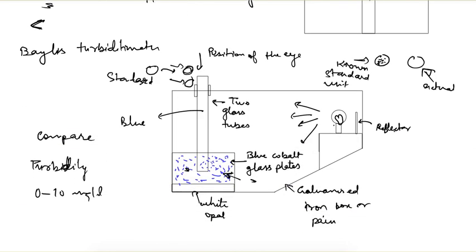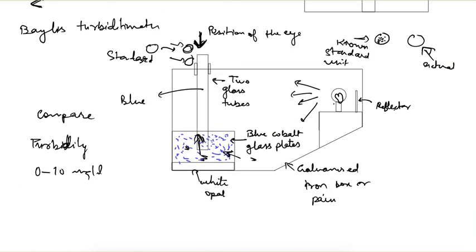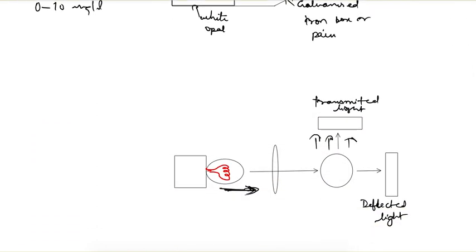In Bailey's turbidity meter as well, this blue color is going in the upward direction because we are seeing this blue color and measuring from here. So these are also in the same line. In the turbidity rod as well, both will be in the same line, and that is the difference between the modern turbidity meter and the older or conventional turbidity meter.